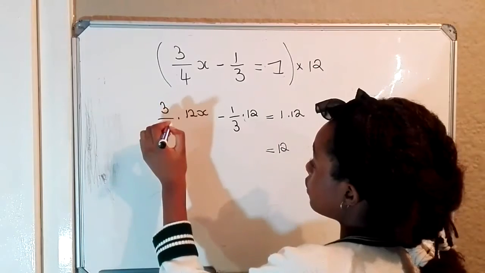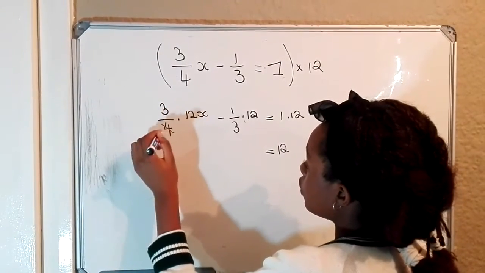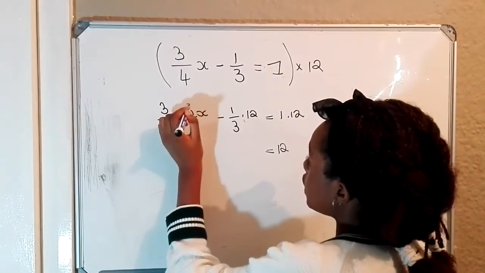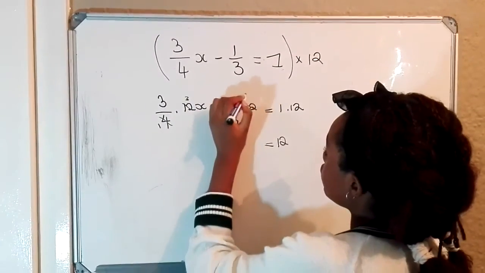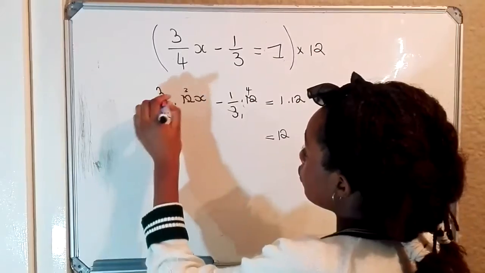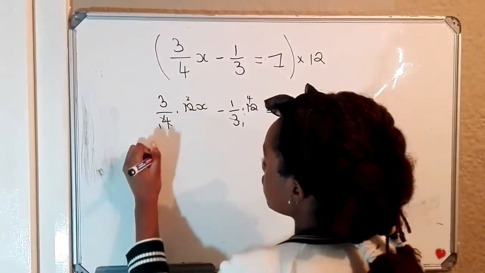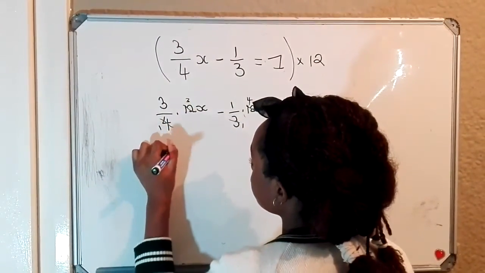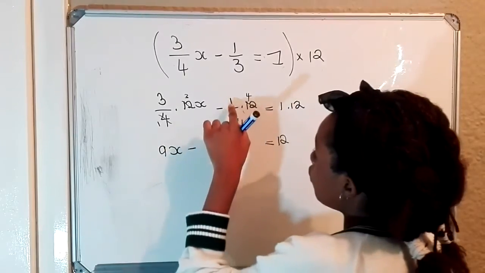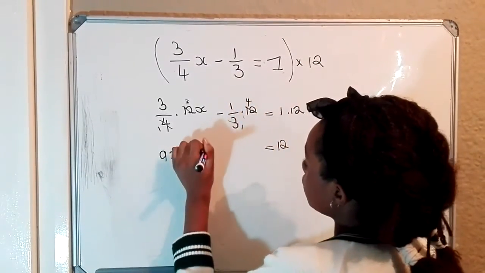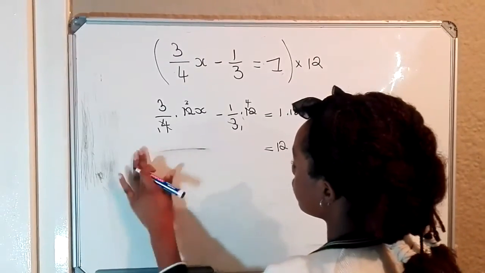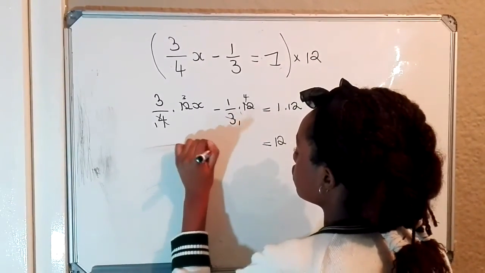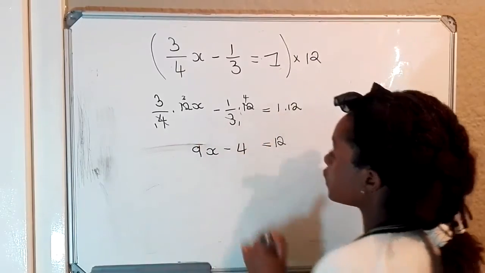Here 4 goes into 4 once, into 12 3 times; 3 goes into 3 once, into 12 4 times. So 3 times 3x is going to give me 9x, minus 1 times 4 is just going to give me 4. Okay, so let me bring this forward. 9x minus 4.